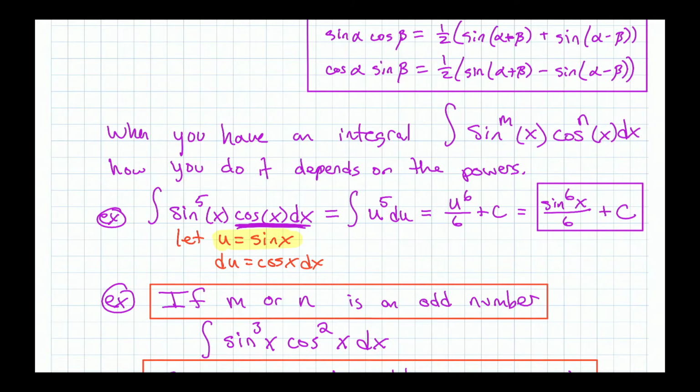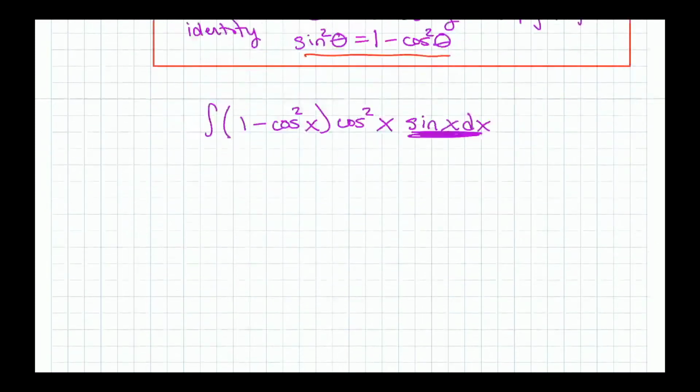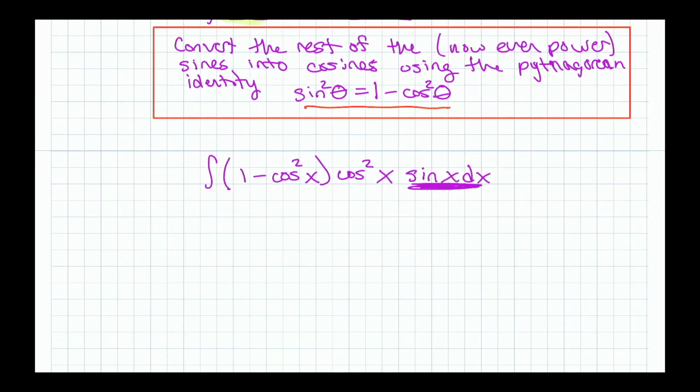Now, the one that's saved off to the side, like notice how I have cosine underlined here? The cosine was saved off to the side in order to be the du. Not the u, the du, right? The one that you have all over the place, in this case the sine, where there's 5 of them, that's the u. So down here on this problem, cosine would be the u.